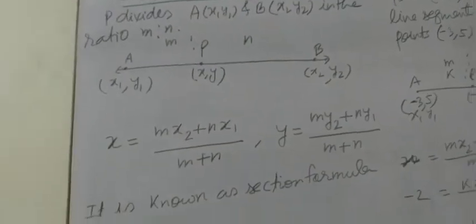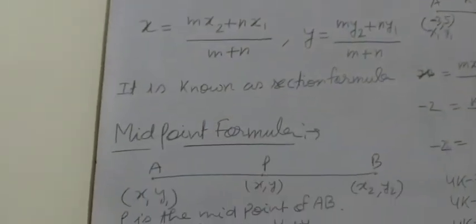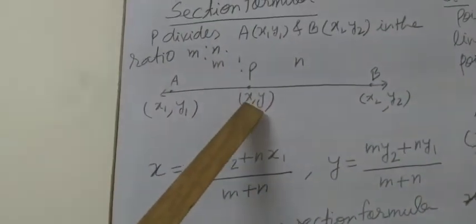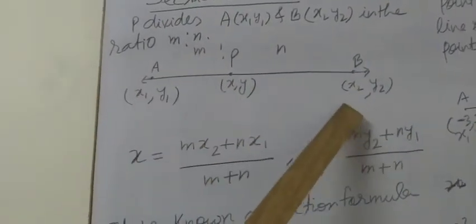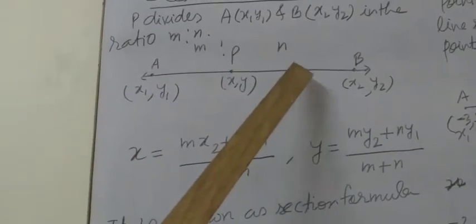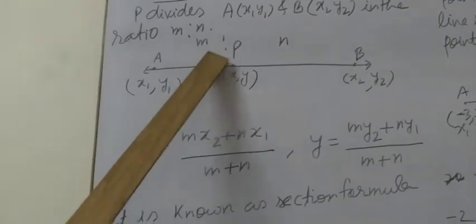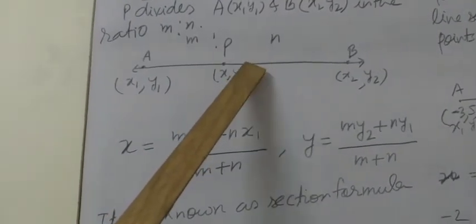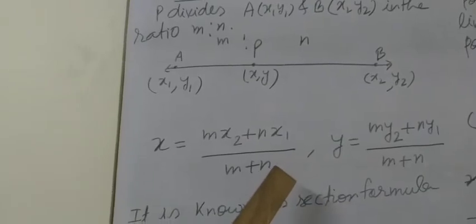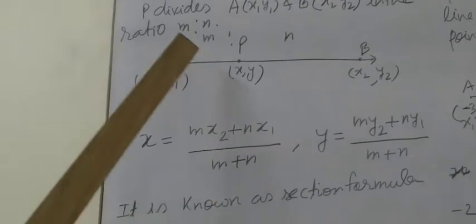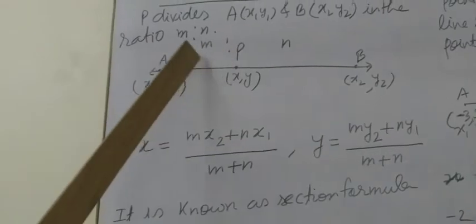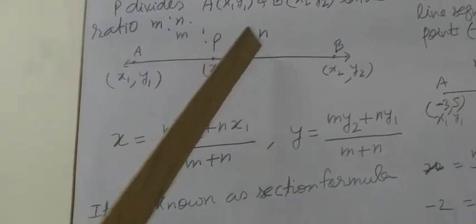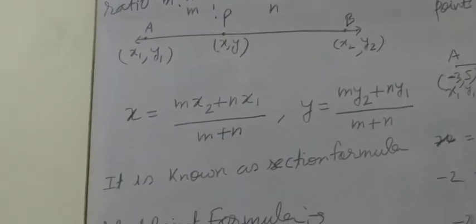Now, the midpoint formula. The point P here divides the line segment in the ratio m is to n. If the ratio is the same, then P is the midpoint. Students, if the ratio is 1 is to 1, the values of m and n are equal, then P is called the midpoint of AB.